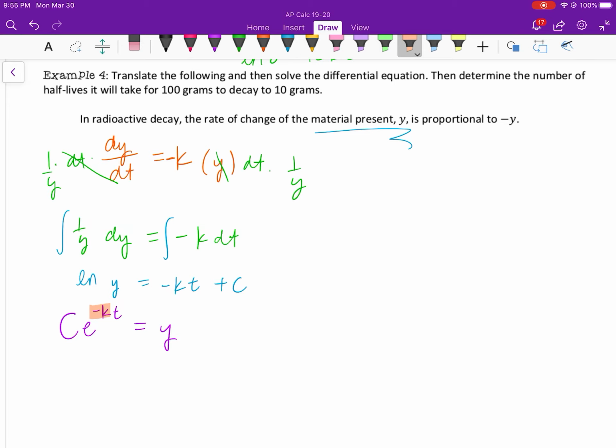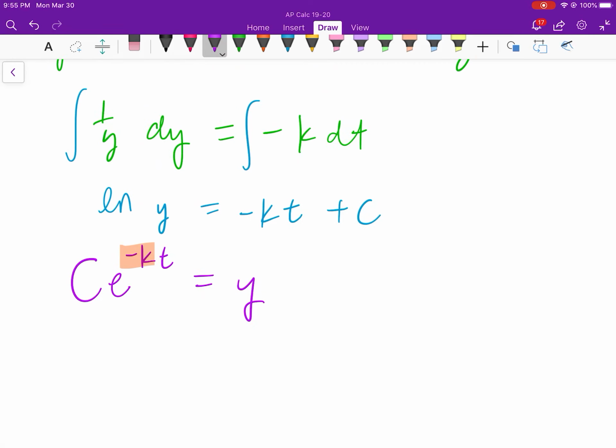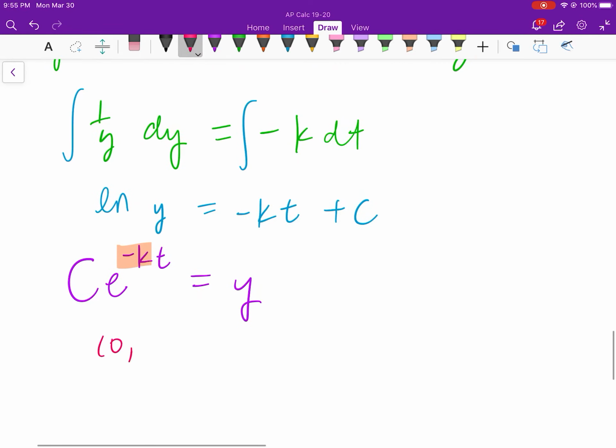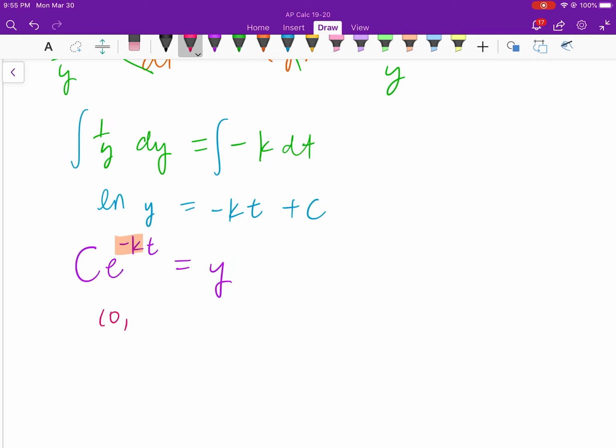So then they don't really give us anything else to help us identify C or what that k value might be. Well, we're told that we are dealing with half-lives. Oh boy, bringing back those memories. Well, remember that at time 0, if you have some initial amount, let's call it y naught, then in one half-life, you are going to be left with half of whatever you originally had.